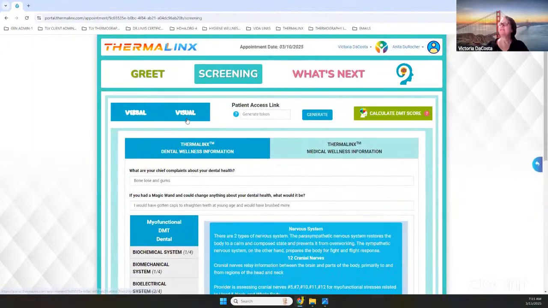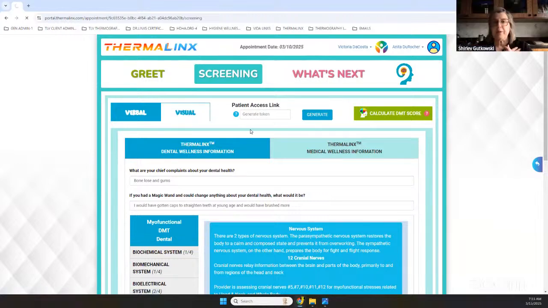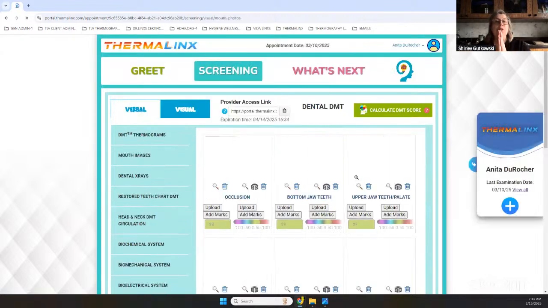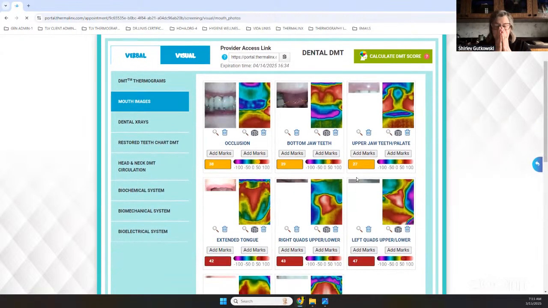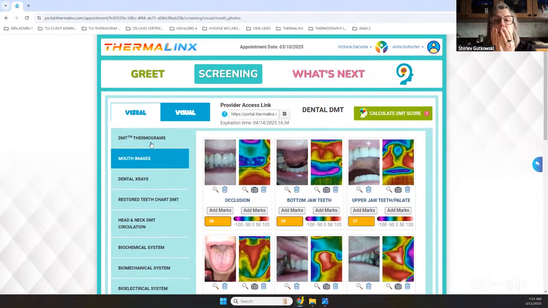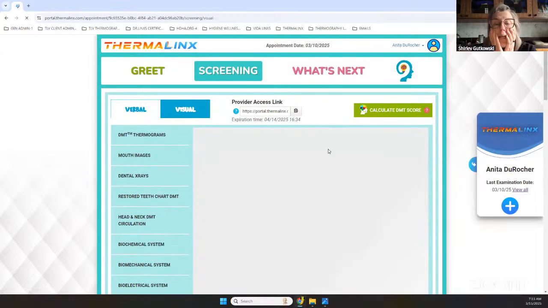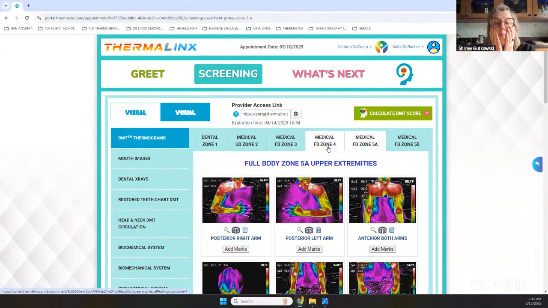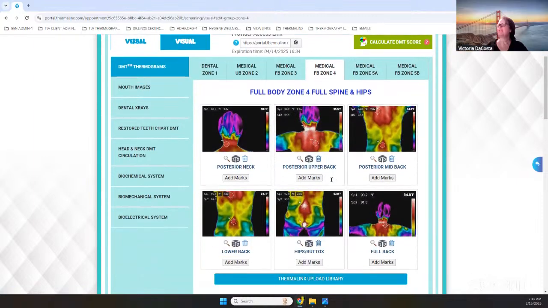Okay, so let's go back to what you wanted to show on the cervical vertebrae. Oh my gosh, look at all of this information we can get from this patient. This is the back of her.